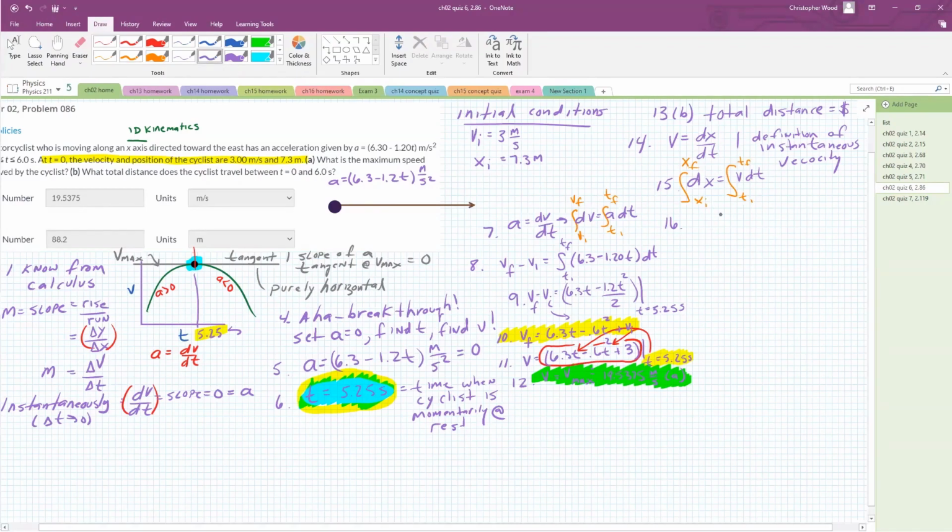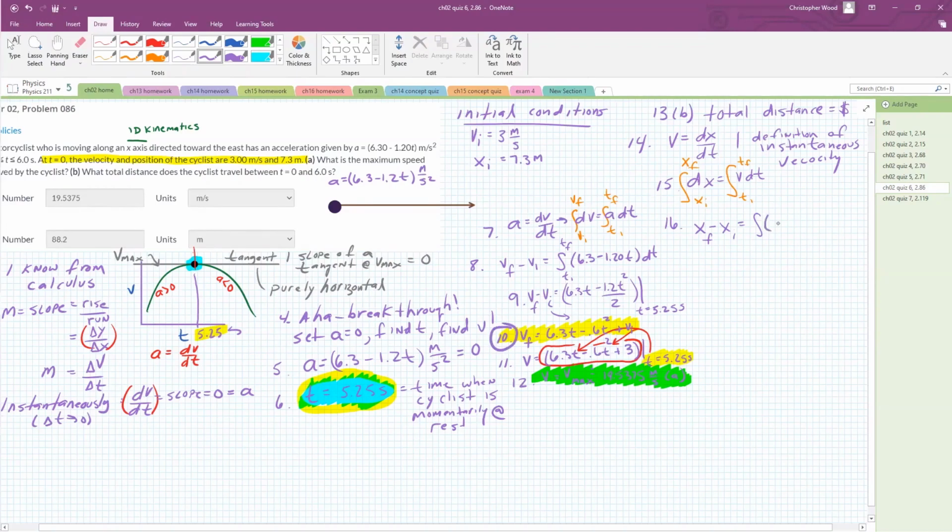All right, so what's the integral of dx? The answer is x. So if I evaluate x across x initial to x final, I get x final minus x initial equals the integral of my velocity function. Here's my velocity function in step 10. So there's my velocity function.